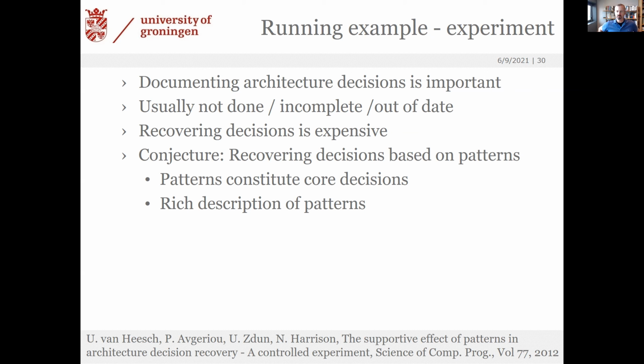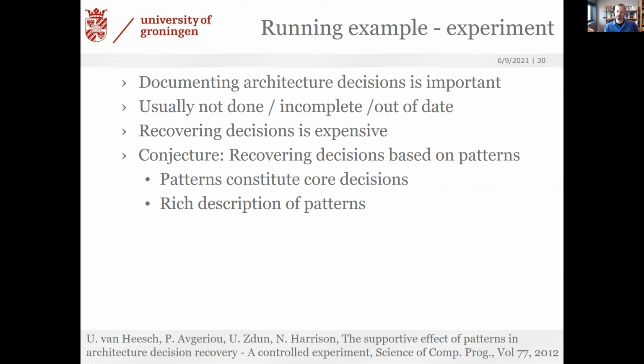And we also have this rich description of patterns. If you think of layers, client-server or peer-to-peer, publish-subscribe, and so on, you get a very nice description of those patterns from books or papers. So you can actually reuse this description to document your decision.